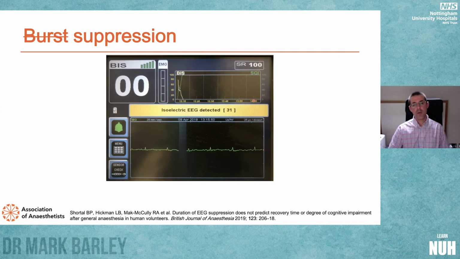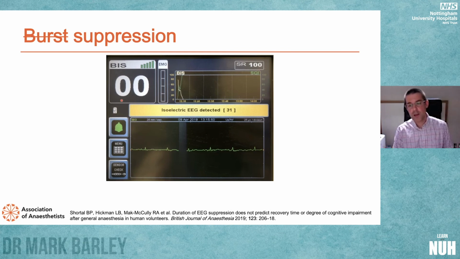This is my world record for lowest BIS value in a 26-year-old patient transitioning from an inhalational induction with sevoflurane onto propofol maintenance, just with an effect site concentration of 1 using Schnider's model, and I managed to completely burst suppress her, which will explain why that is in just a moment.